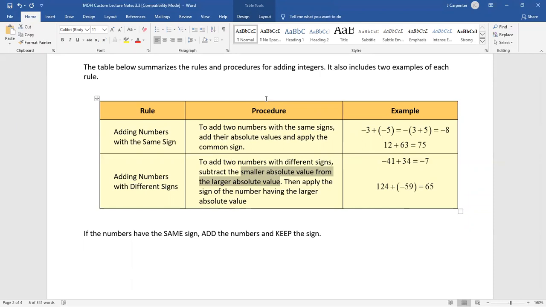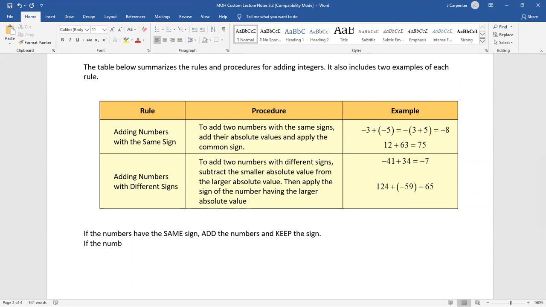So again, ignore the signs, take the larger minus the smaller. That's how we can cut out all that absolute value jazz. Then apply the sign of the number having the larger absolute value. In other words, keep the larger number's sign. But again, when I say the larger, I mean ignoring the signs.